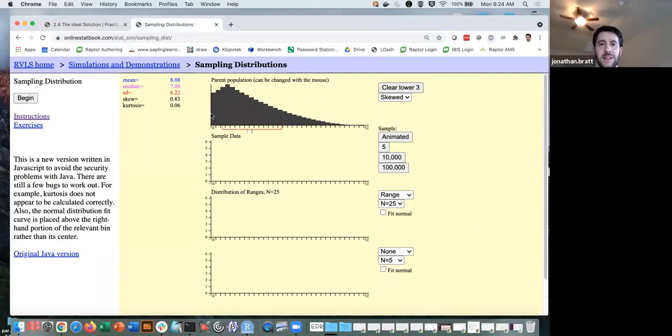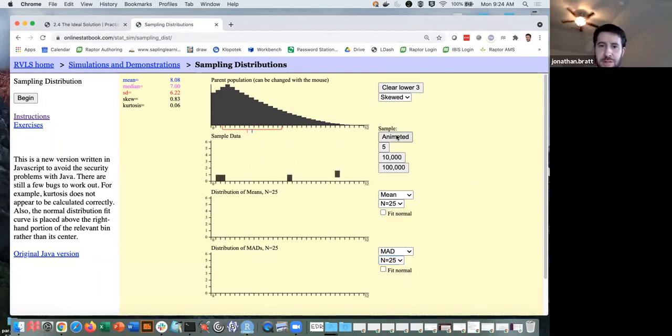Okay, so here's our population. Let's say I care about two statistics for this. I want to know the mean and I want to know the MAD. And let me say that for both of them, I'll draw samples of size 25. Now the way this works is it will draw a separate sample for each one.